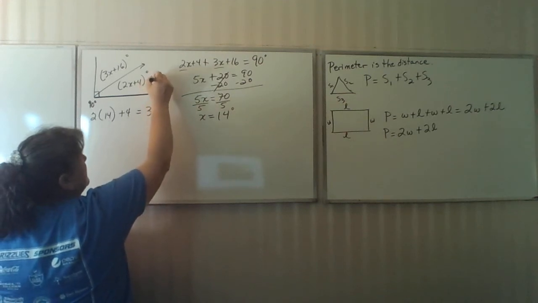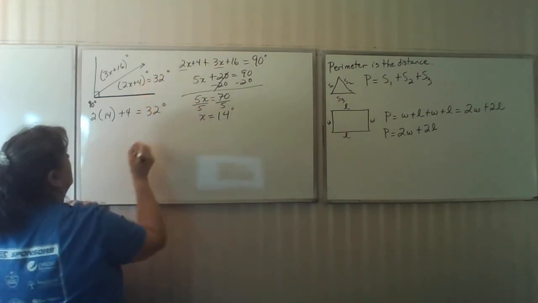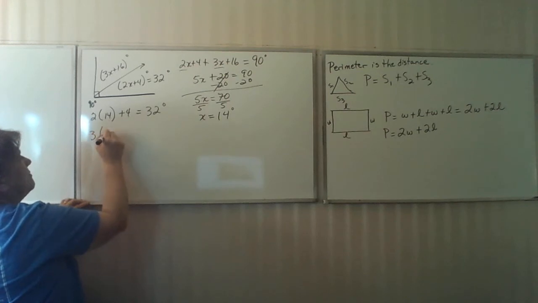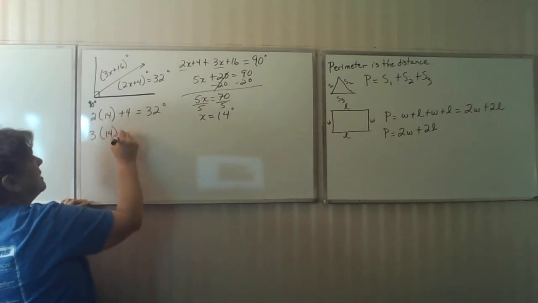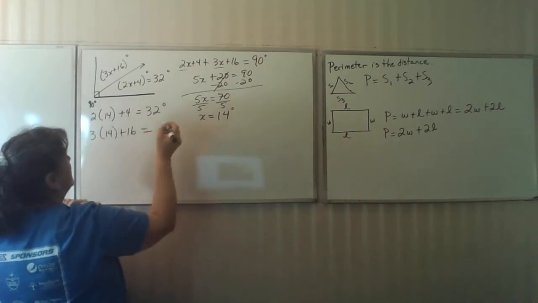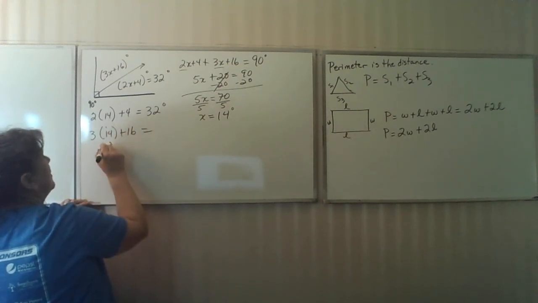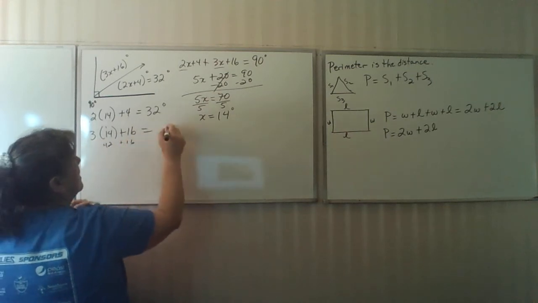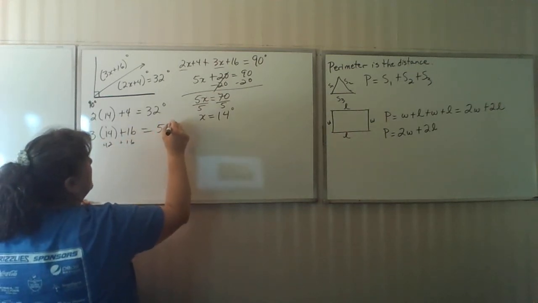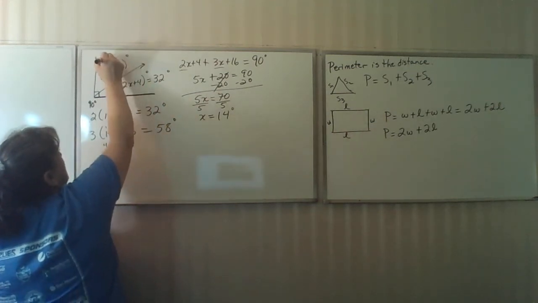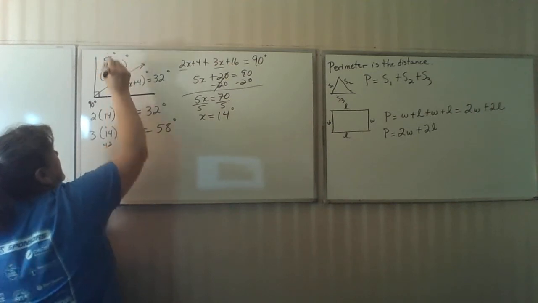So therefore, this angle is a 32-degree angle. 3 times 14 plus 16 is equal to, well, let's see, that's 12, counting my 1, 42 plus 16 is 58 degrees. So this one up here is 58 degrees.